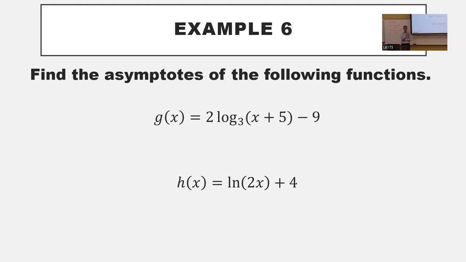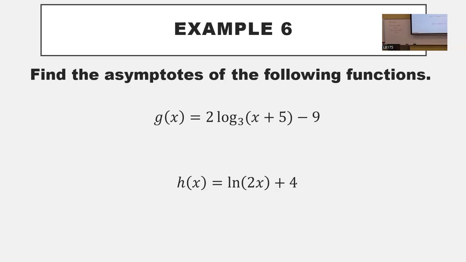Well, the shift left 5 units just shifts the asymptote left 5 units as well. So that's all we have to do. We can say, oh, it's shifted left 5 units, x equals -5 would be my vertical asymptote.